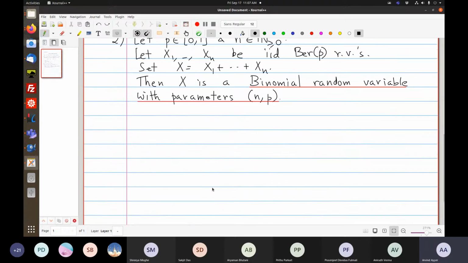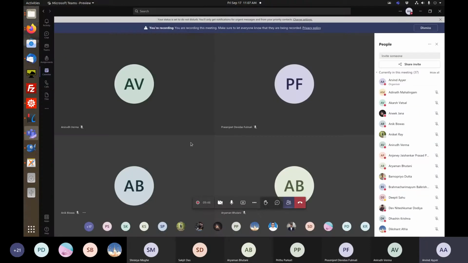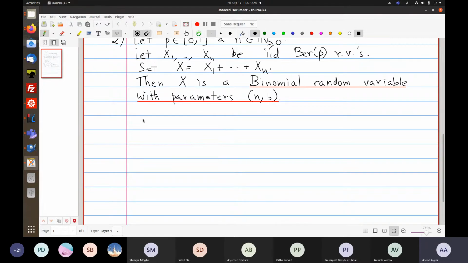All right. So what is the PMF of this? First, let me ask you, where does X live? What possible values can X take?